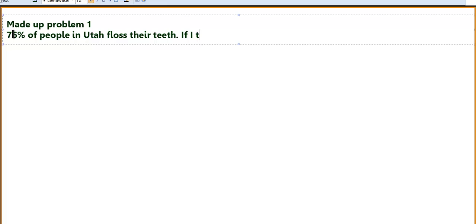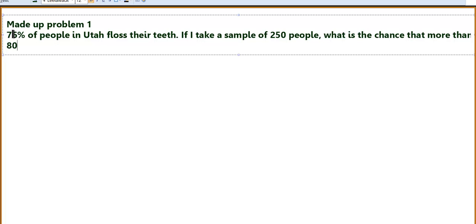If I take a sample of 250 people, what is the chance that more than 80% floss their teeth?